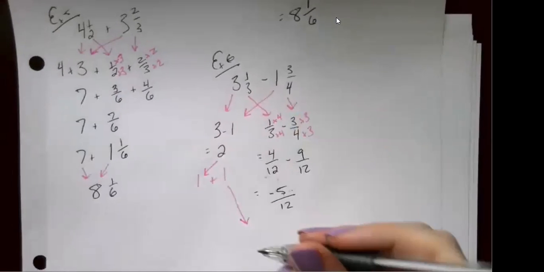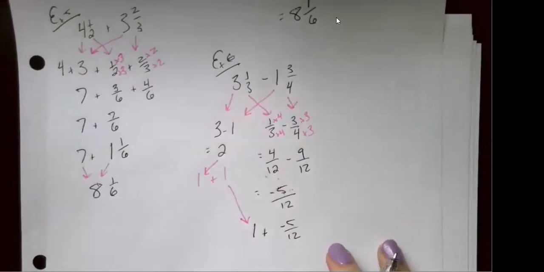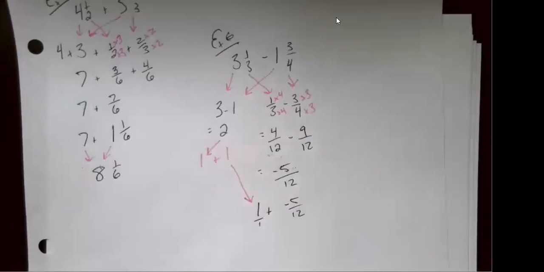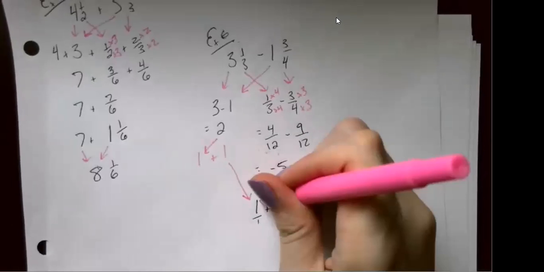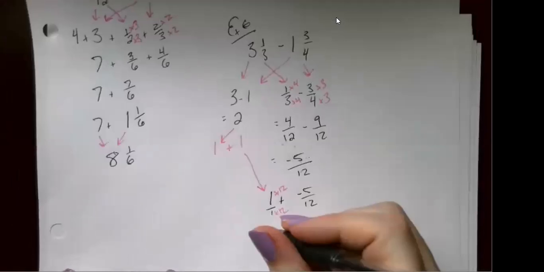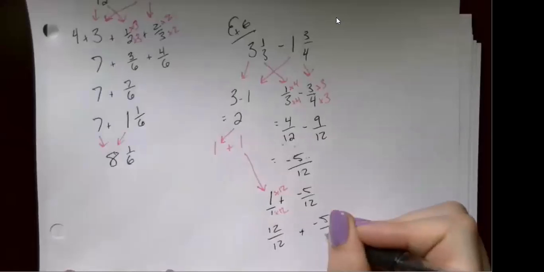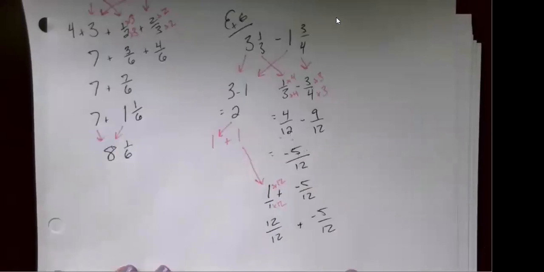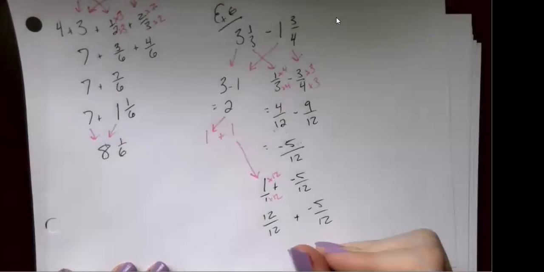So 1 plus -5/12. Of course, I can write any whole number over 1 so that it's also a fraction. And then to get a common denominator, I times it by 12. That leaves me with 12 over 12 plus -5 over 12. And then if we just go across the top, 12 plus -5 is 7 over 12.